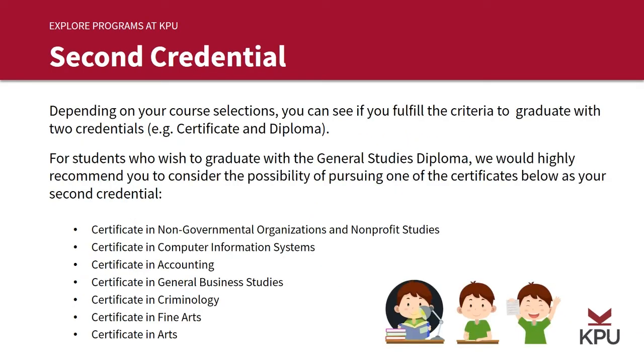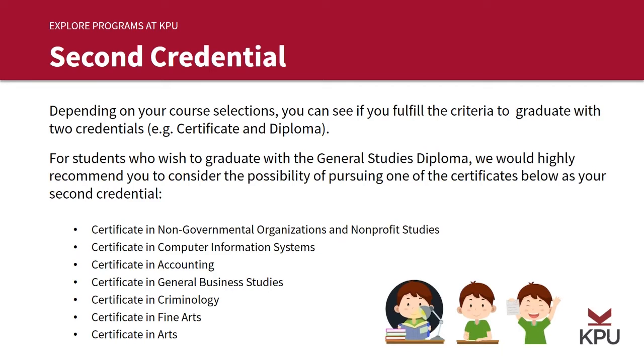Second credential. This is also a very important piece of information. KPU has this policy that students can graduate with 2 credentials at the same time, without taking extra courses. Let me put it in a simple way. Let's say some students might be considering that they want to graduate with a diploma in general studies.